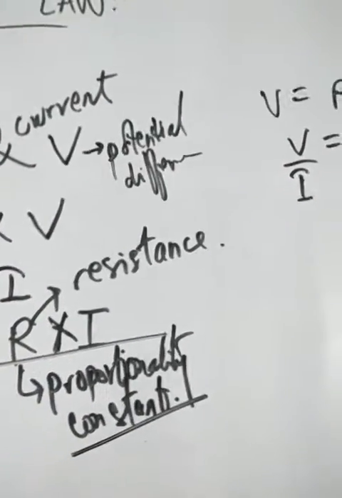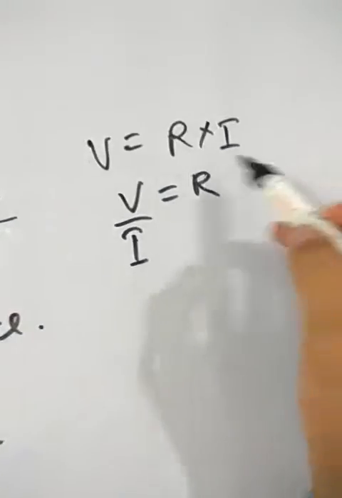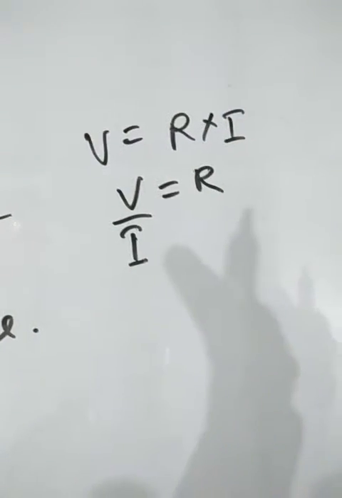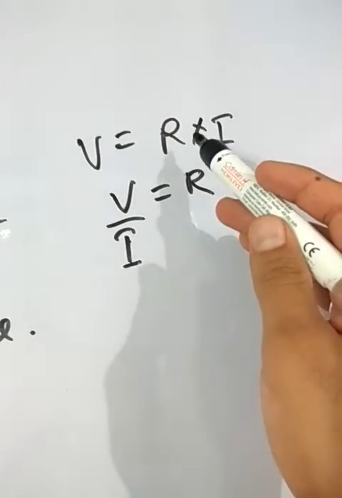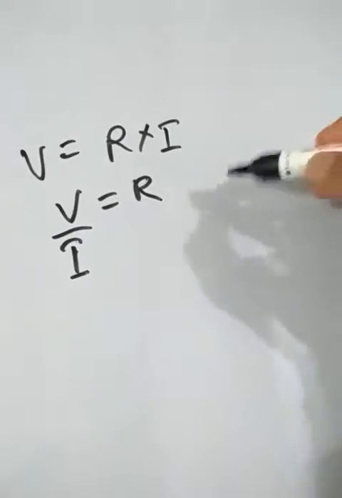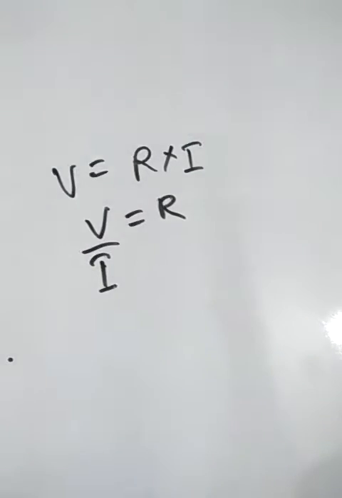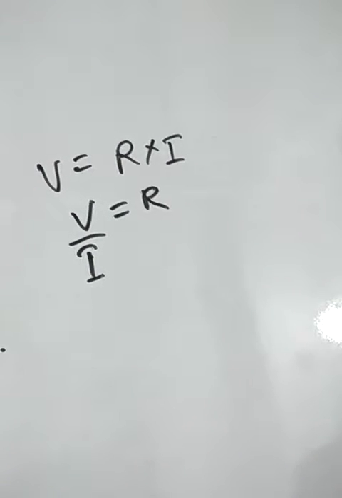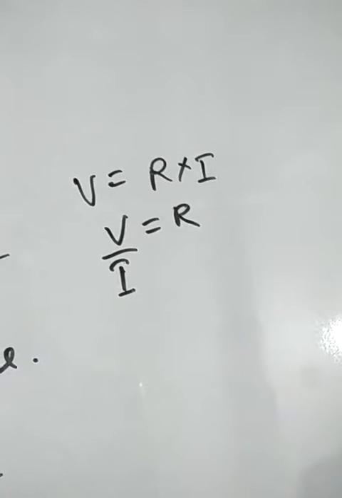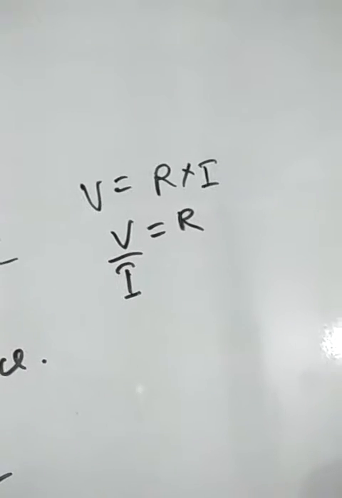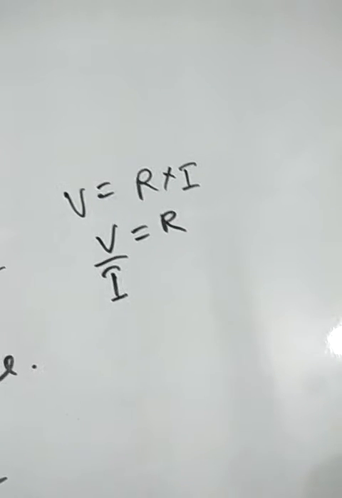It is very obvious that it is going to be constant, at least as long as the wire's length, area of cross section and temperature are unchanged. The first phrase in Ohm's law is that at constant temperature, the resistance will also be constant.